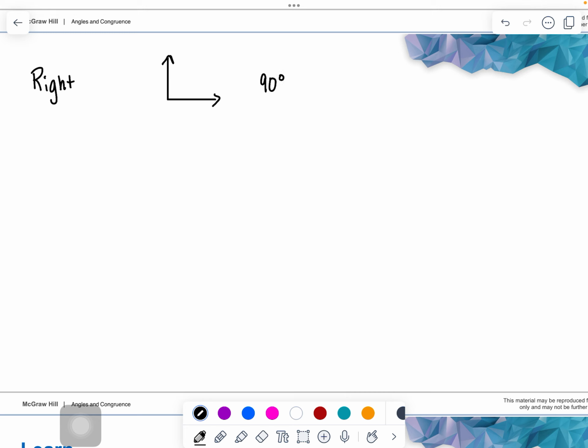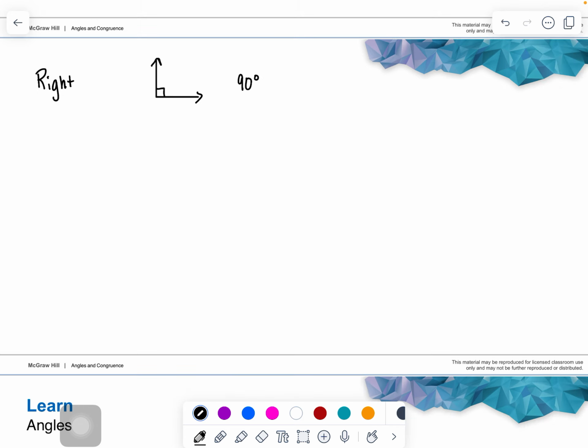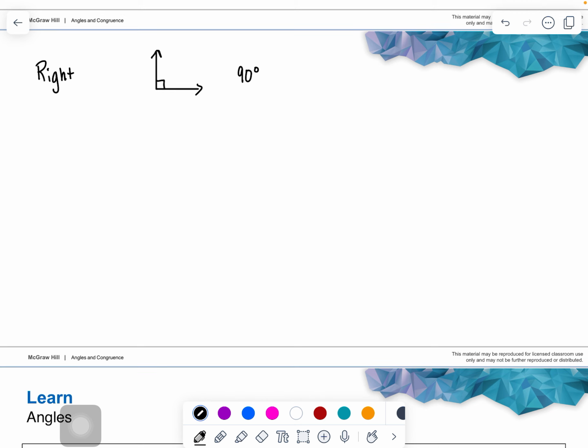A 90-degree angle, okay? And when it's 90 degrees, we mark it with this symbol right in the corner. That symbol there indicates perpendicular, okay? So 90 degrees. All right. So this would be my example, and my notes would be just 90 degrees. I think we all know what a right angle is.